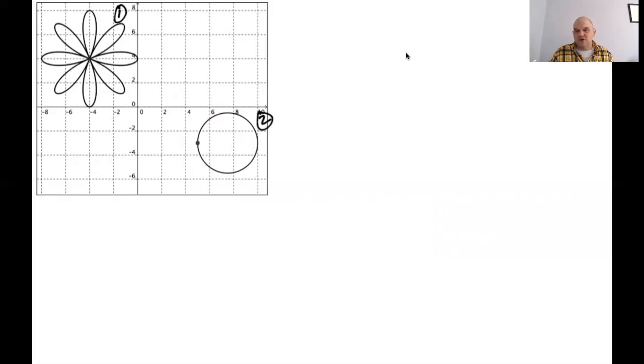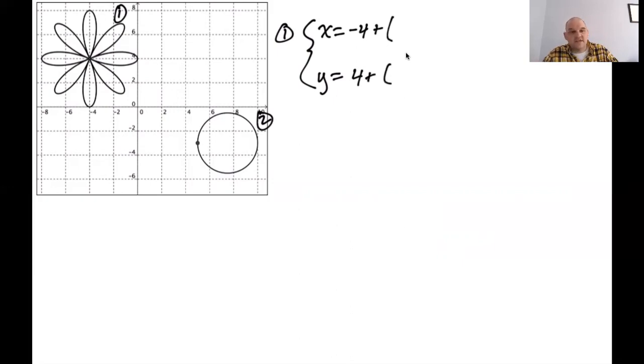This one, so curve number 2 is a circle, I think, because I can't think what else it would be. So I'm going to do it as if it's a circle. And curve number 1, I think I can do without really doing any work. So let's see. First, the shift. So -4, 4, obviously, because that is the shift on every problem that we do. -4, 4, and plus, let's see. All right, so it's going to be cosine because there's a petal on the x-axis.